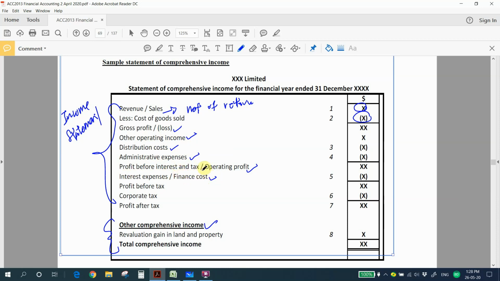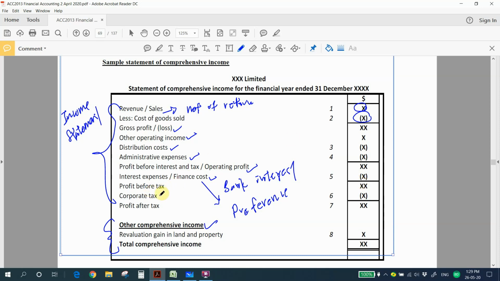They include the bank interest, and also the preference share dividend. We consider the preference share dividend as a finance cost, so include it here. After deducting your interest expenses and finance costs, you will get profit before tax. If this is a negative amount, it is a loss before tax.